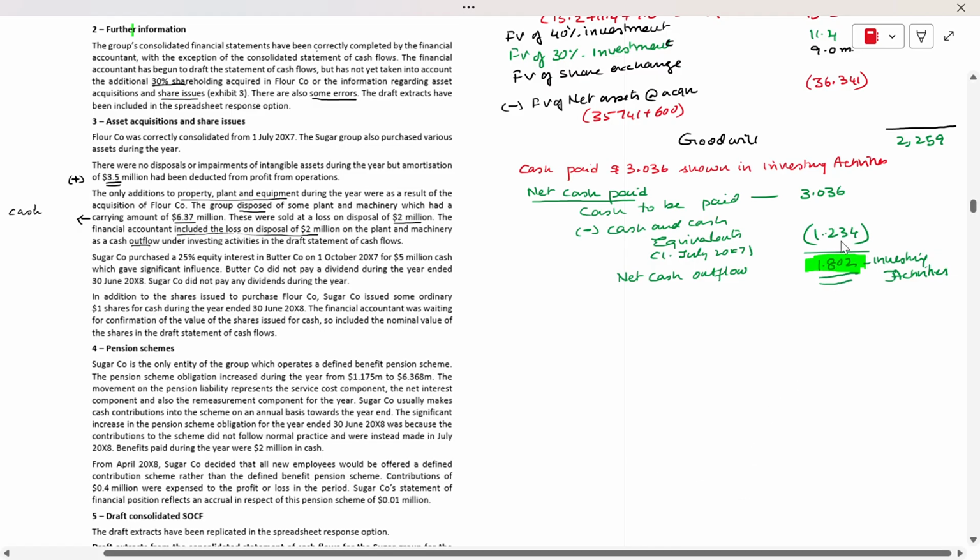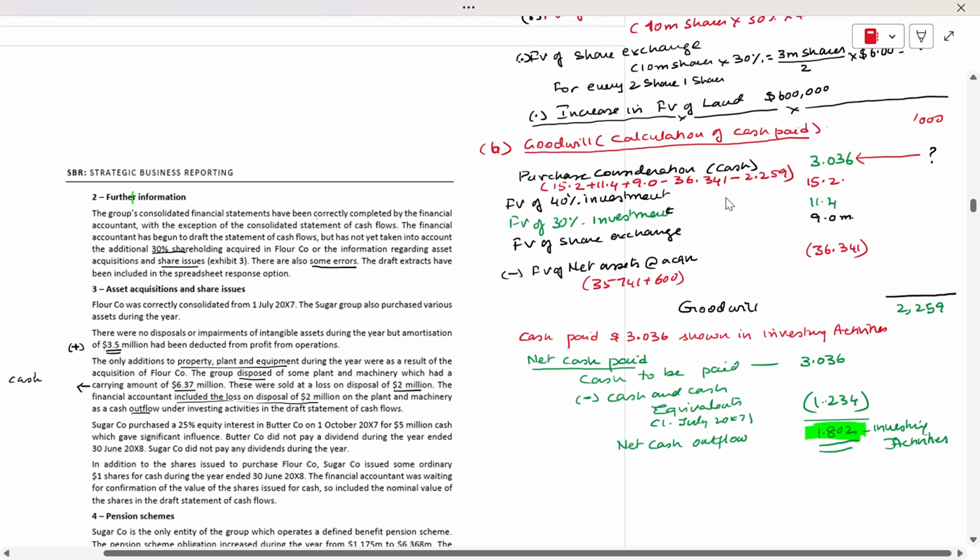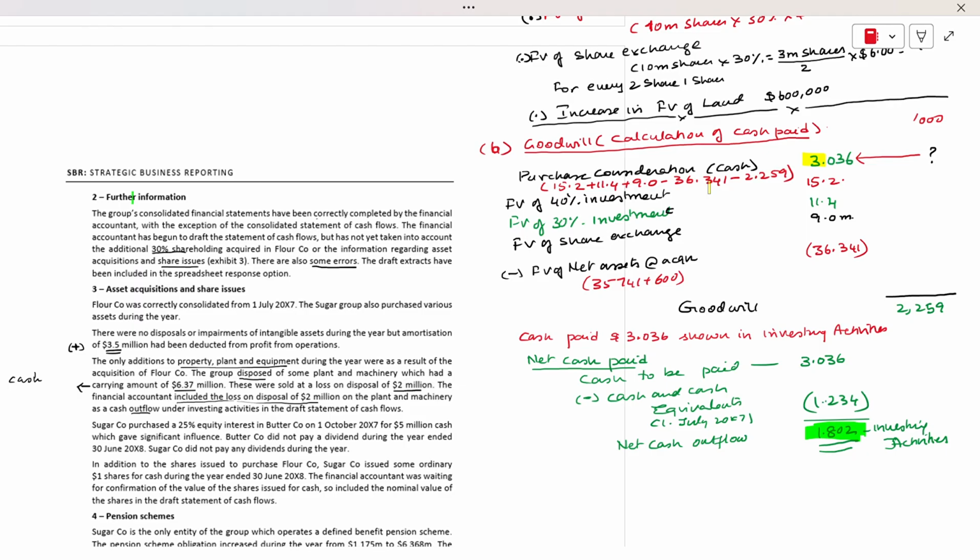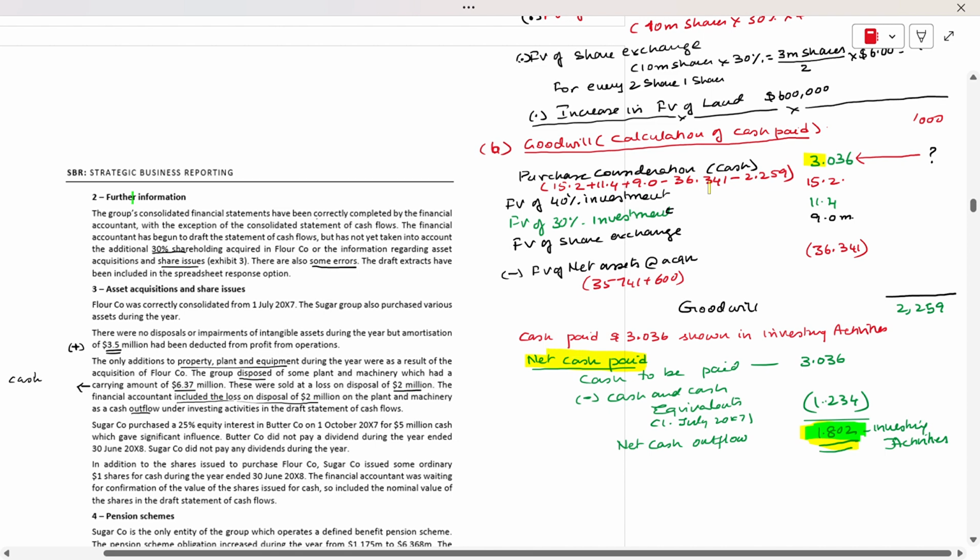Cash consideration, worked out in question number B. We have calculated this one, 1,802. We have paid cash, net cash paid. We have done this.